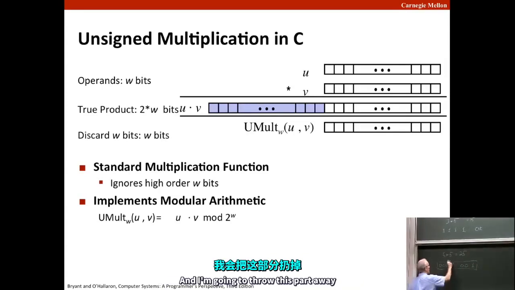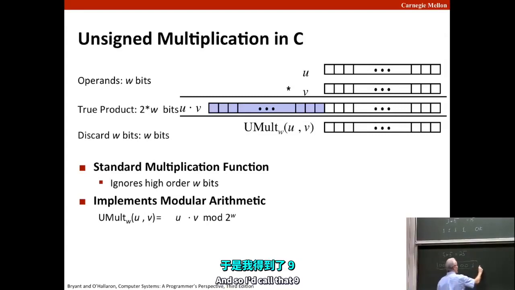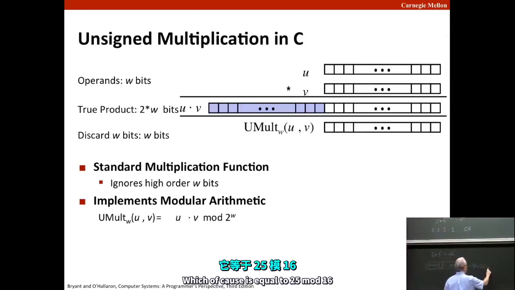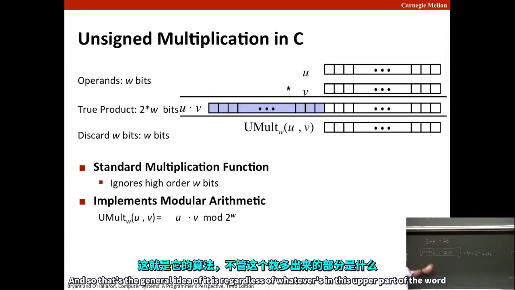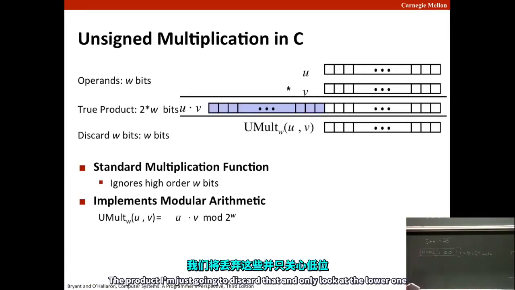And I'm going to throw this part away, and so I'd call that 9, which of course is equal to 25 mod 16. And so that's the general idea of it, regardless of whatever is in this upper part of the word, the product, I'm just going to discard that and only look at the lower one.